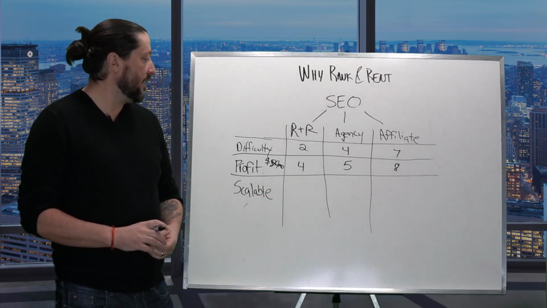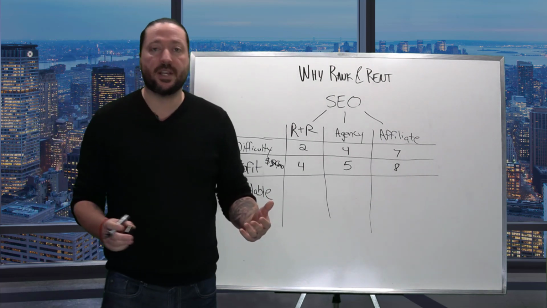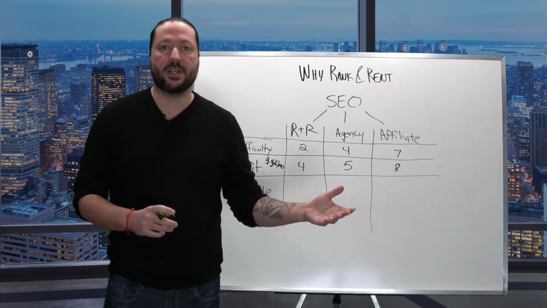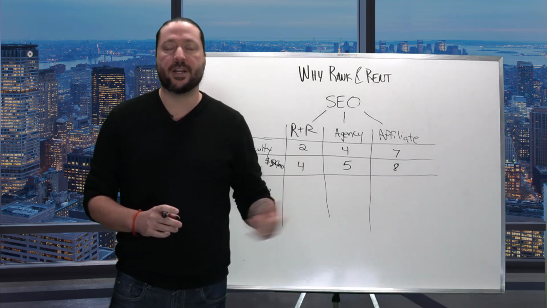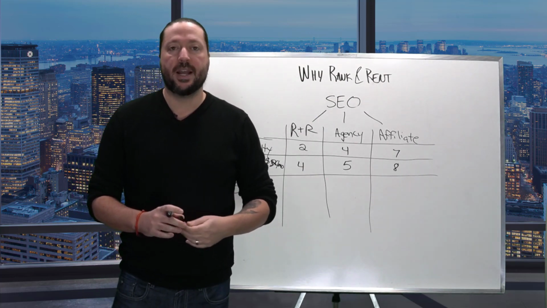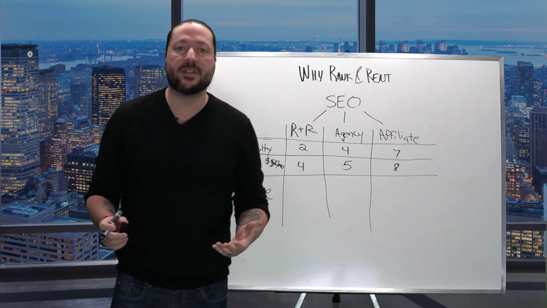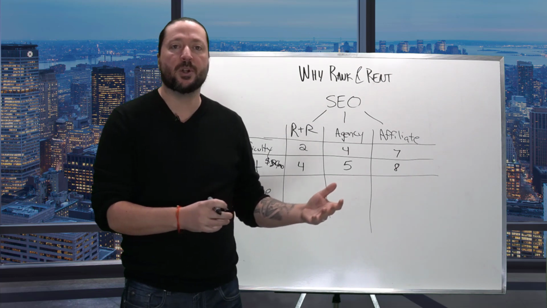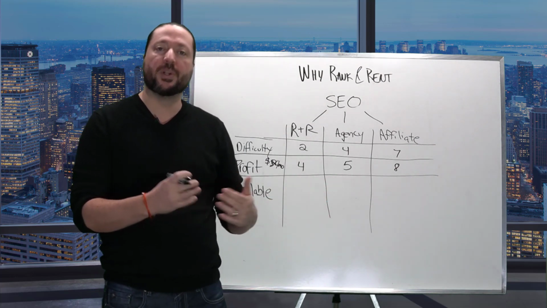Well, rank and rent, really, the scaling process is, let's say you got a landscaping client in a small city of about 100,000 people and you were getting them results, and now you want to scale your business. Well, the easiest thing to do is basically stay in that niche and go find another city with a similar population and just duplicate your model.